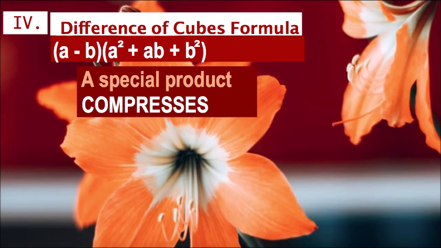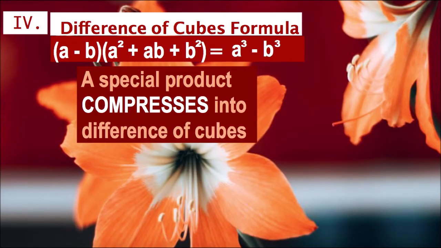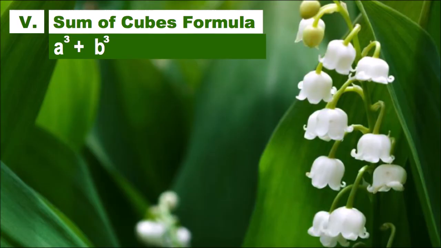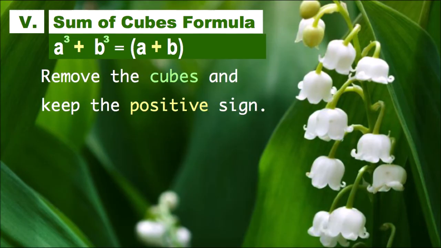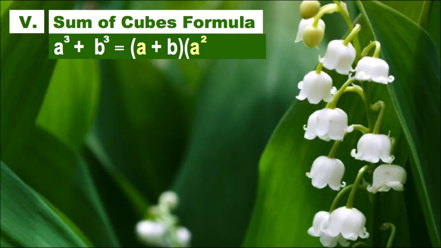A special product compresses into a difference of cubes. 5. The sum of cubes formula. a cubed plus b cubed. Remove the cubes and keep the positive sign. So we have the quantity a plus b times the quantity a squared minus ab plus b squared.